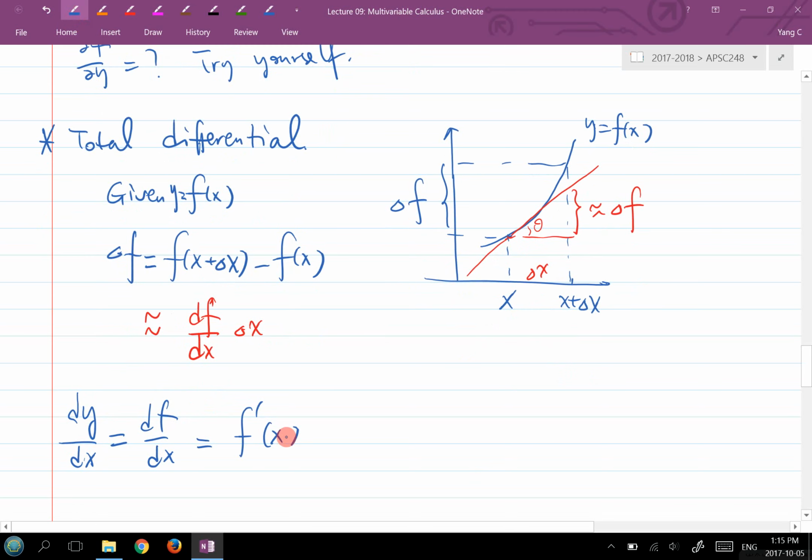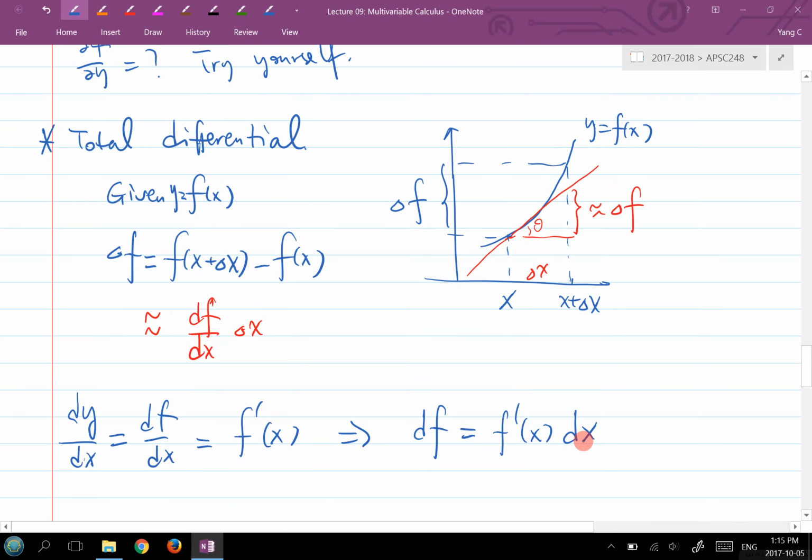But now if I write it slightly differently, I write df equal to f prime of x times dx. So I'll write it like this.